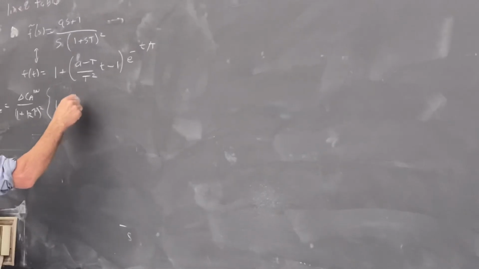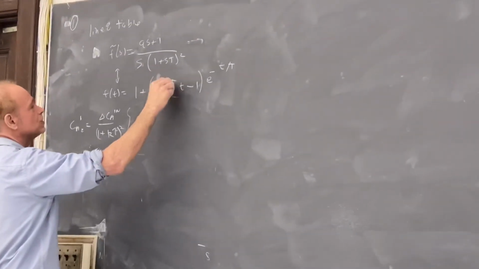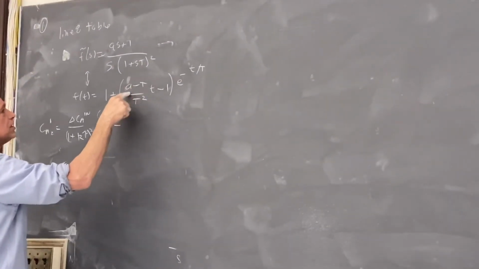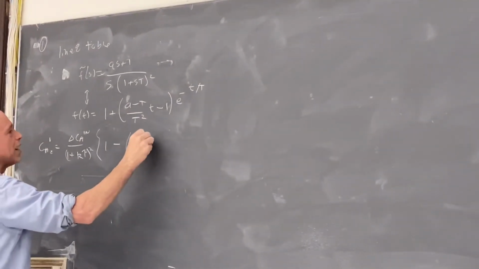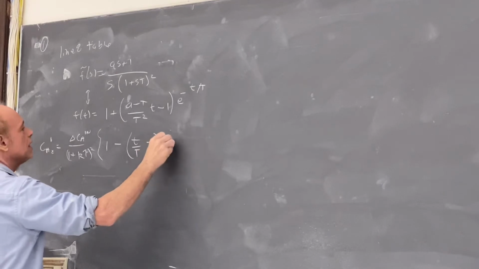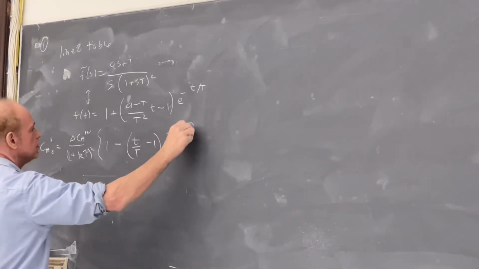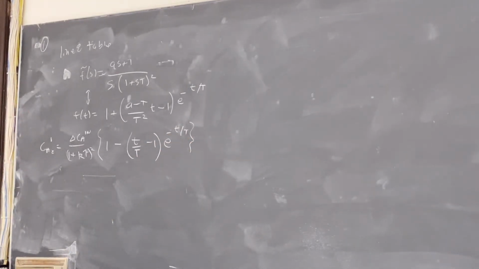I've got a minus t over τ minus 1 times e to the minus t over τ. Let me make sure I have the parentheses in the right place. Yes. Okay, so there I have CA2 prime.